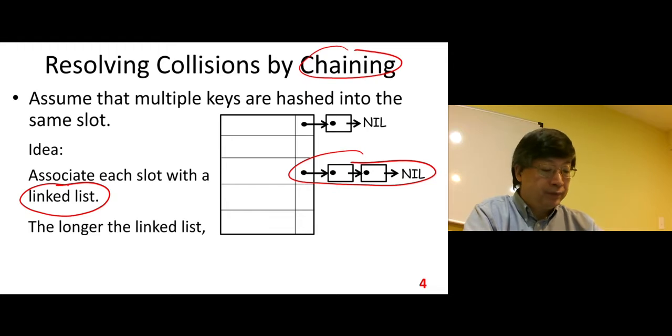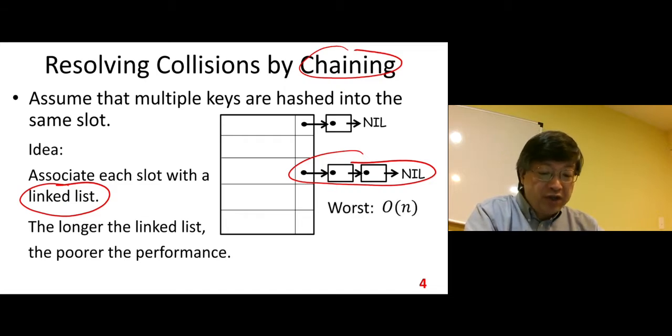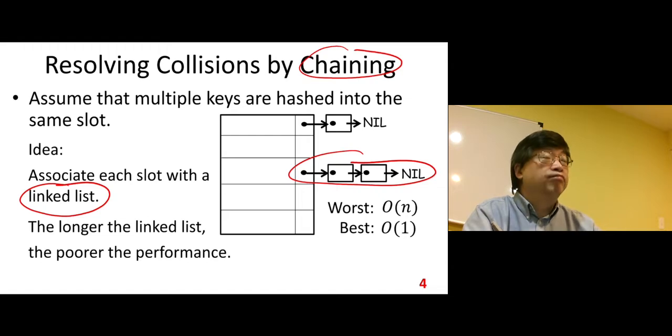The longer the linked list, the poorer the overall performance. So this idea has its problem: the long chain problem. The worst case efficiency is big O of n, very bad. The best case is big O of 1.